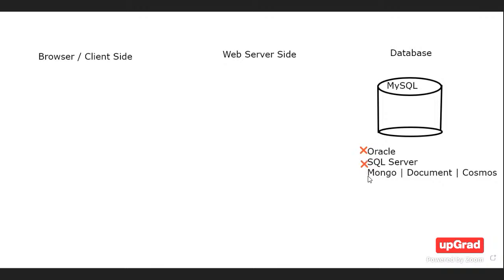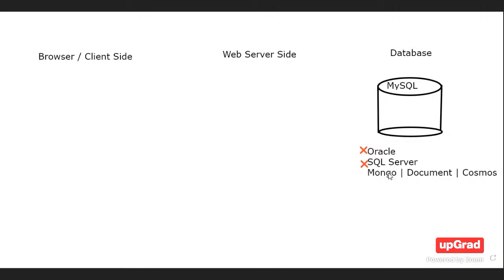Why did we not pick Mongo, Document, or Cosmos? Because our data is just plain text data that comes down from a UI. It's a fixed pattern of data, which means user one's data and user two's data will have a similar pattern: user name, age, gender, address, and so on. It's the same pattern of data, just like you can have inside Excel.